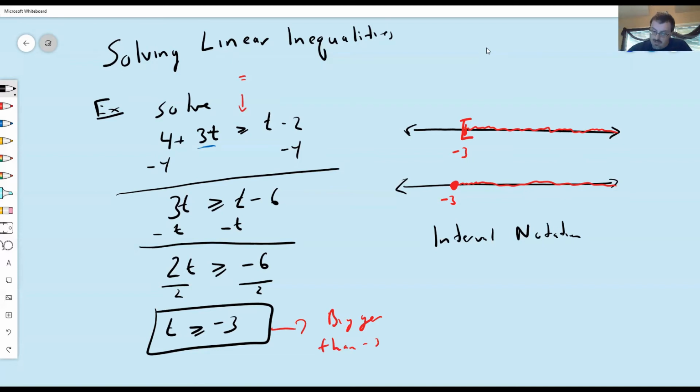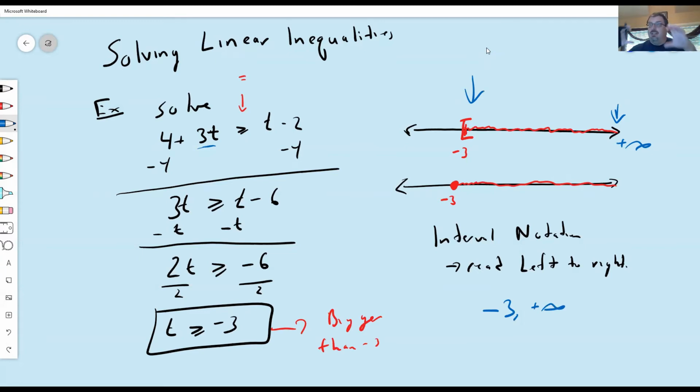So for us, minus 3 is our left side. And how far to the right do we go? We go over here to plus infinity. So to do interval notation, we're going to take our first number, minus 3, comma, our right number, in this case, plus infinity.